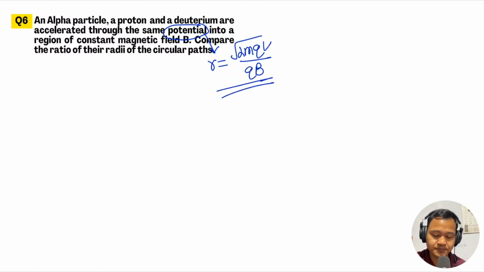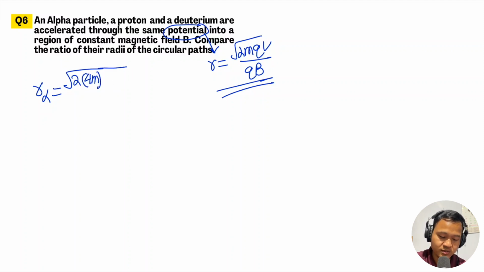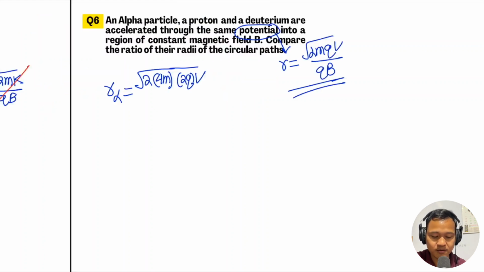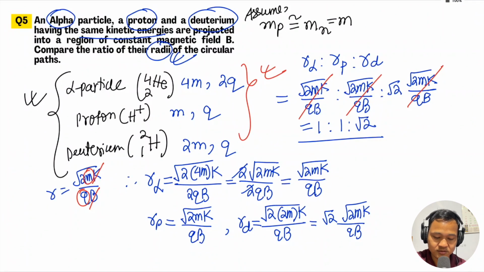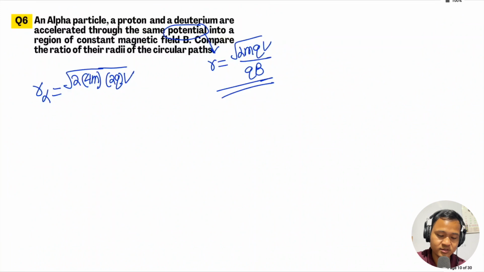So R of alpha is root over 2 into mass 4m into q into V, with q being 2q into V, divided by charge 2q into B. Let's solve it.